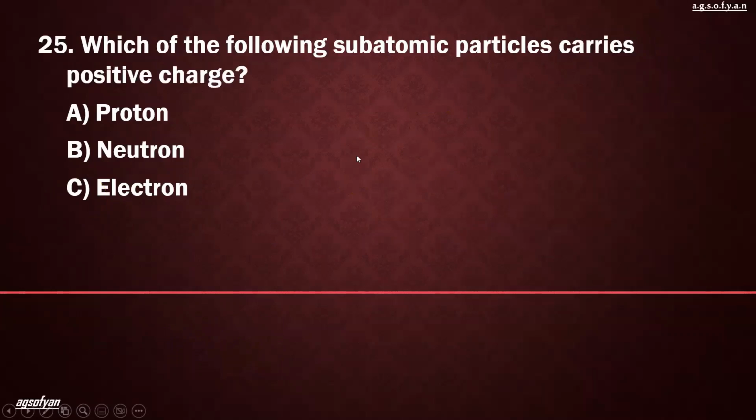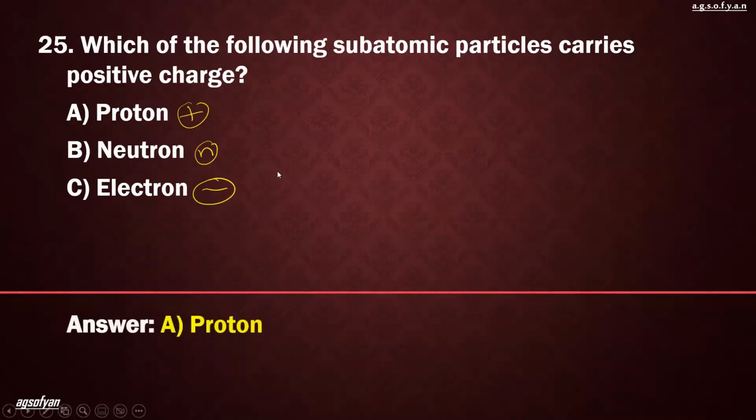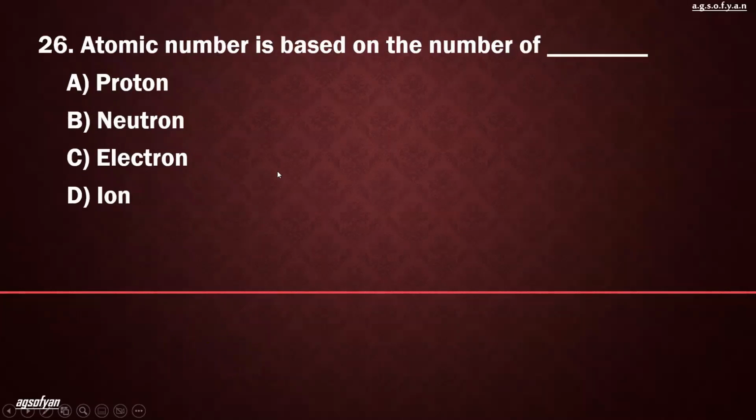Which of the following subatomic particle carries positive charge? Proton. Yeah, positive. This is neutral. This is negative. Atomic number is based on the number of the one that carries positive charge.